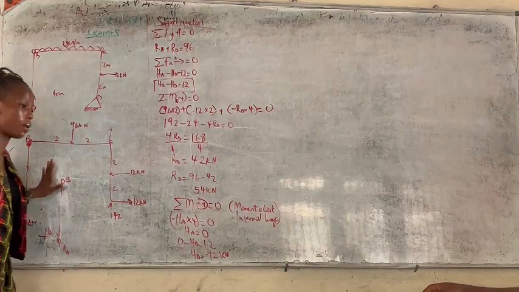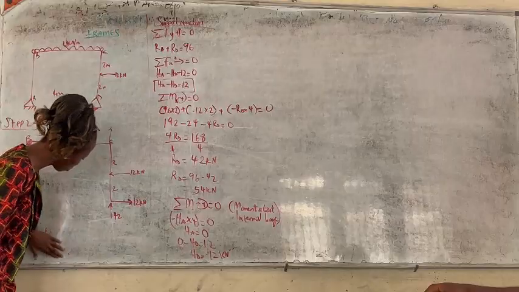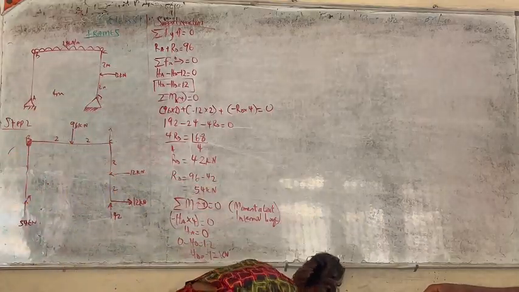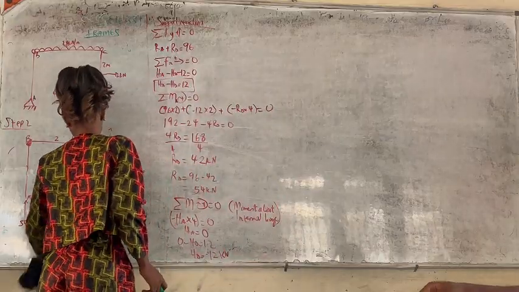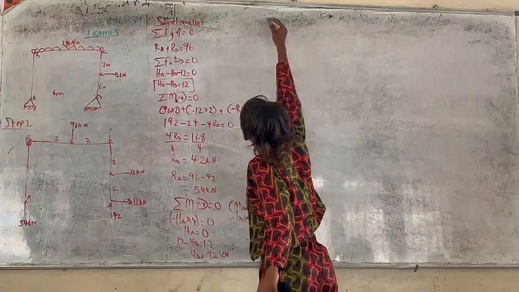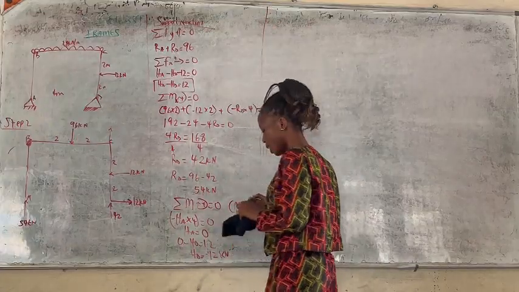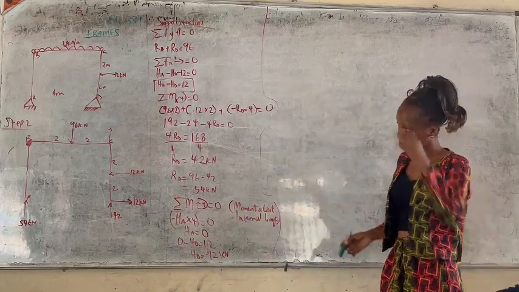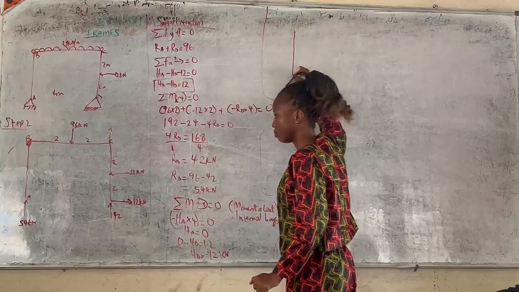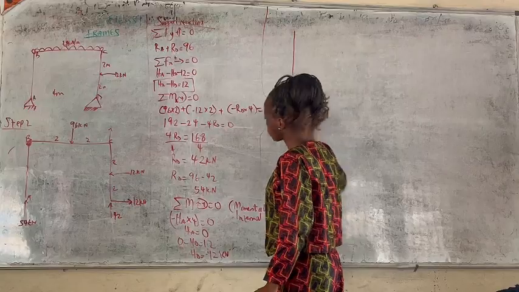Now that we are done and balanced, we are going to step 4. Step 4 is to split our columns and beams and solve individually. Splitting both columns and beams, the first column that we have is this one here.